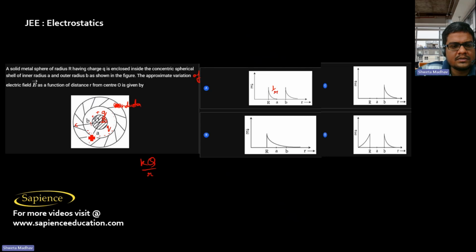And then this net charge will come outside also. Outside again, there will be electric field, from a to b there will be no electric field, and then again there will be 1 by r square variation. So option A is the correct answer. Option A shows the correct variation of the electric field as a function of the distance r from the center O.